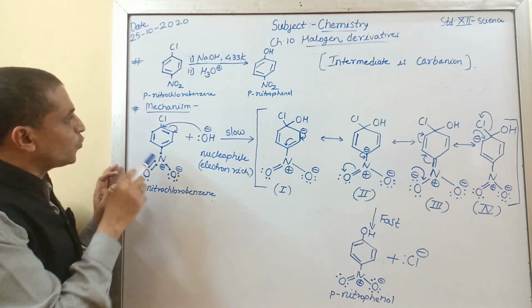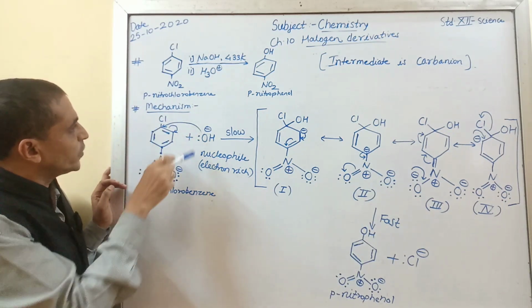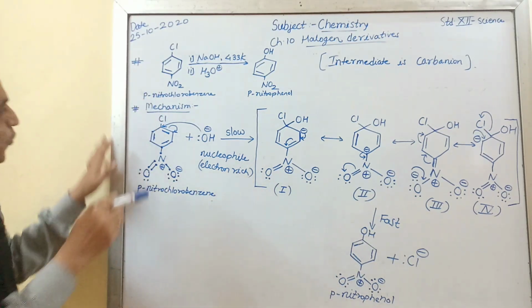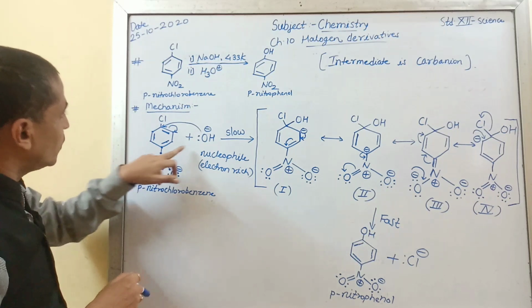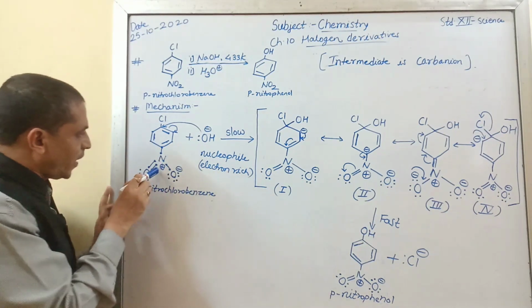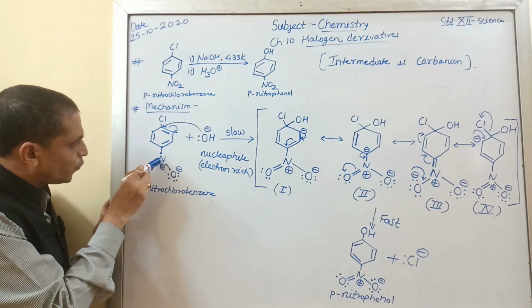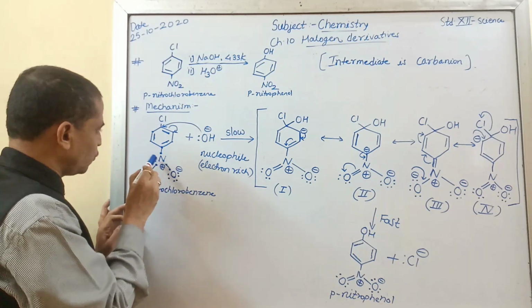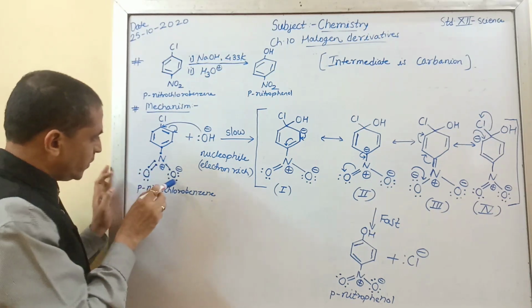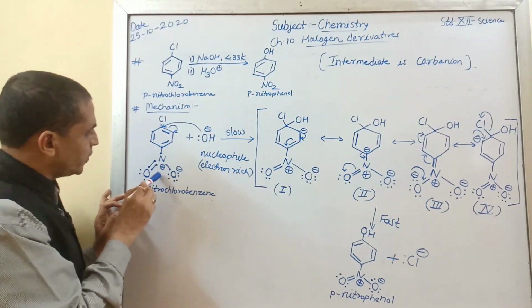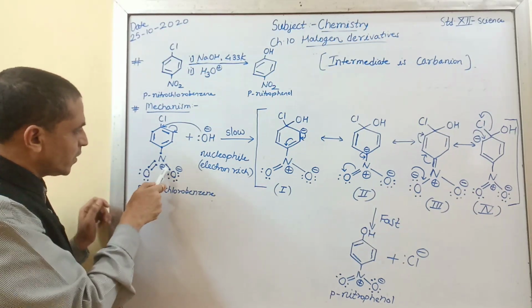Now we are going to write down the resonating structures for that reaction. Before that, you know that OH is a nucleophile. Now see this NO2. How to write it down? Nitrogen contains 5 valence electrons. Here oxygen acquires a negative charge because oxygen does not share any electron in the formation of this single bond.